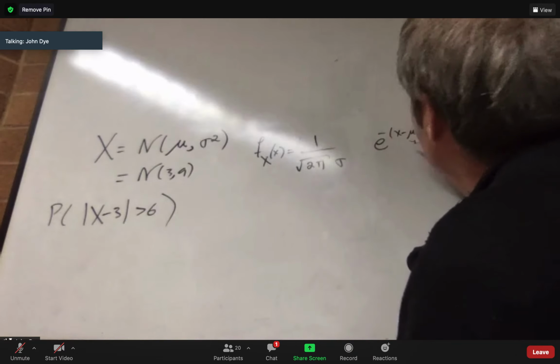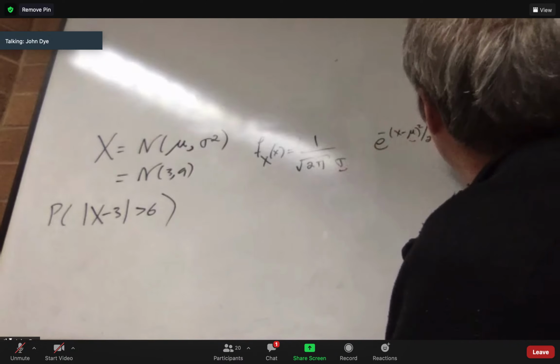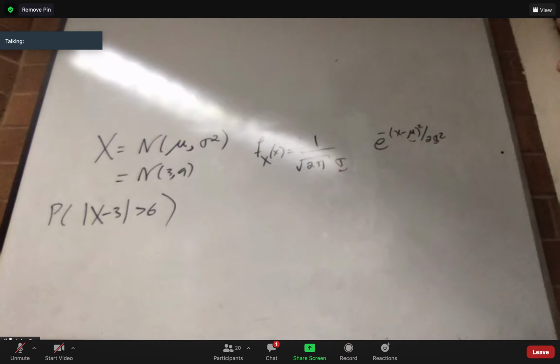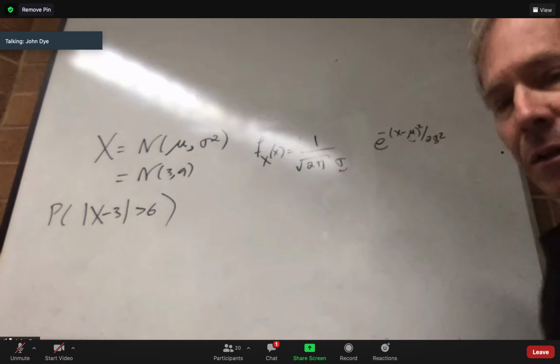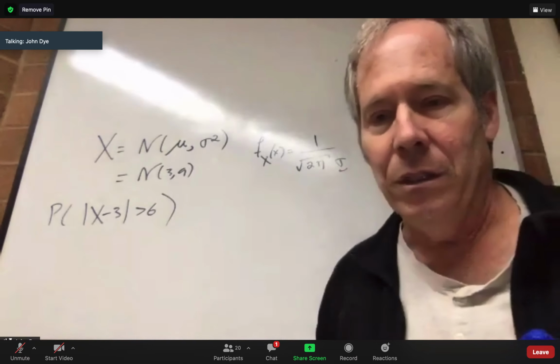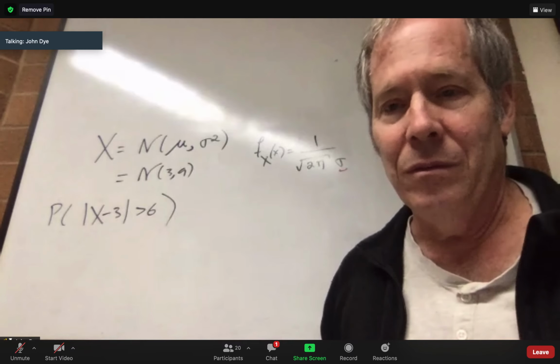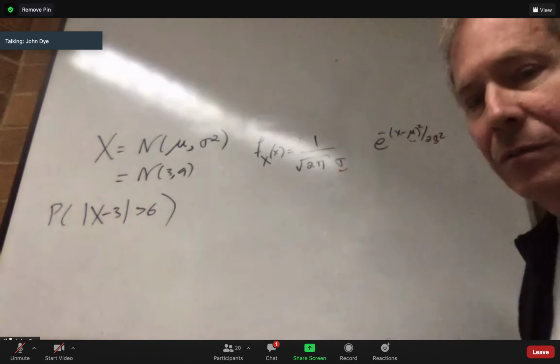This is the mean, and this is what we're calling sigma, the standard deviation. That's the density, and it has these two parameters. It's not like the Poisson, with one parameter. This is a 2-parameter thing.